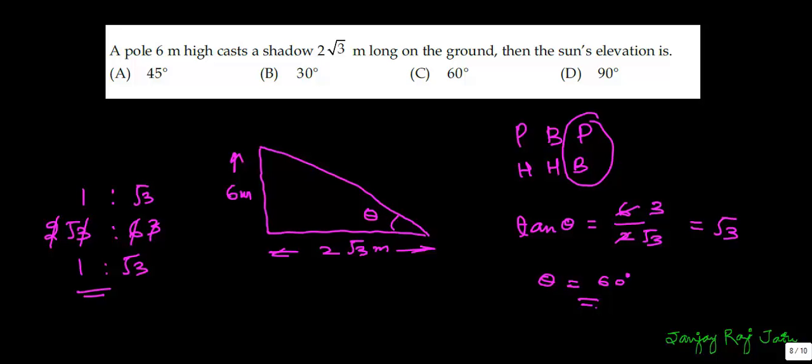So now the ratio is given 1 ratio root 3, and this is the side which corresponds to root 3. So this will be opposite to 60 degree. So theta is going to be 60 degree.